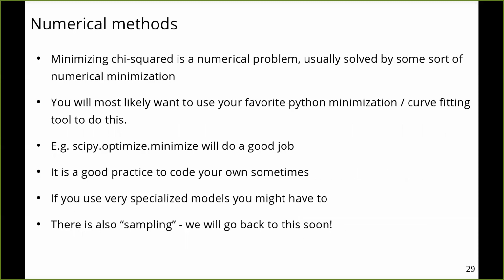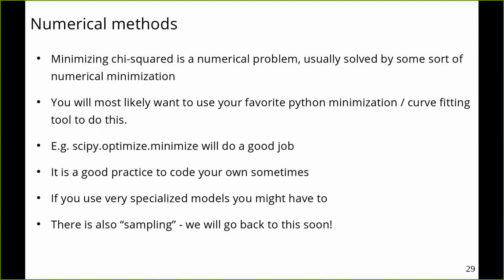Okay, so now let's just mention some numerical stuff. Once you settle on all these things, you write down your likelihood, you write down your chi-square, basically minimizing the chi-square becomes a numerical problem. And we usually solve it by some sort of minimization, usually some sort of gradient method or Newton method or something like that.